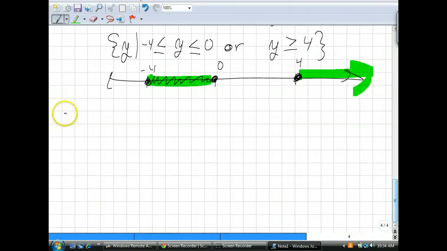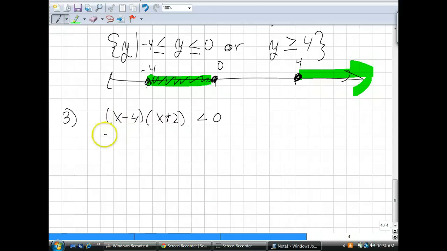Okay, example 3. Example 3, I have x minus 4 times x plus 2 is less than 0. So I already have 0 on one side. Next step is to factor, but it's already factored.